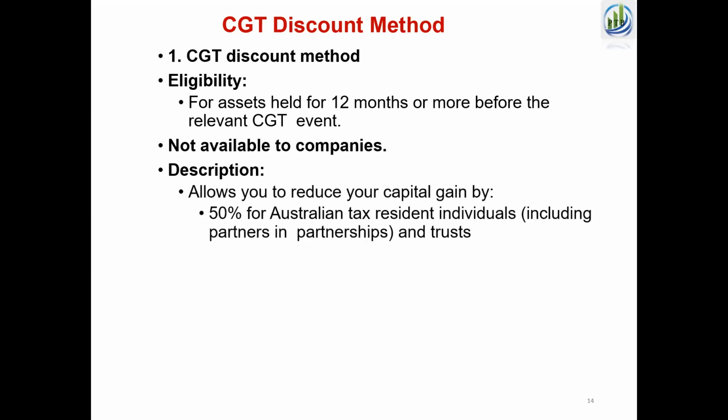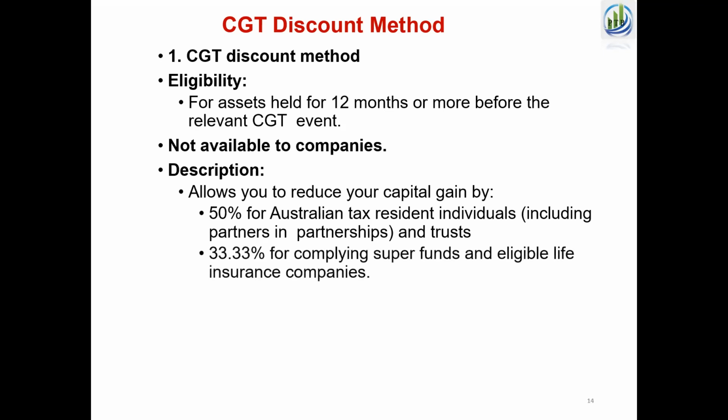That's why the $15,000 capital gain halved, 50% off, is $7,500, right? So an Australian resident will have 50% of their capital gain exempted if they hold that asset more than 12 months. That's the eligibility criteria.